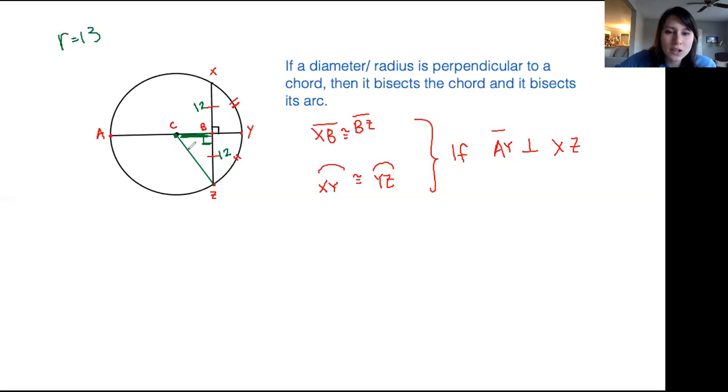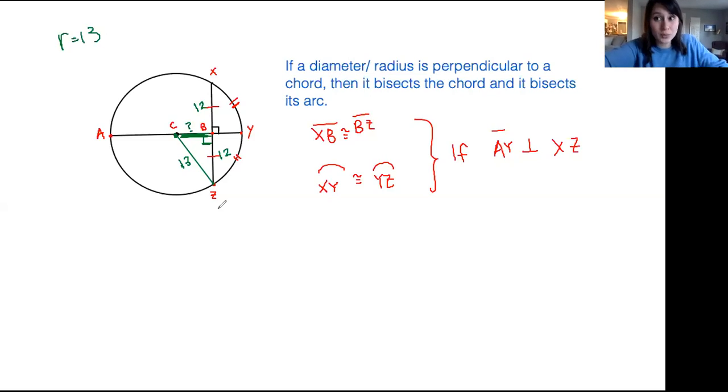And so if I know that the radius is 13, that means this segment here is 13. I know this segment is 12. I have a right triangle, which means I can find this third side using the Pythagorean theorem.